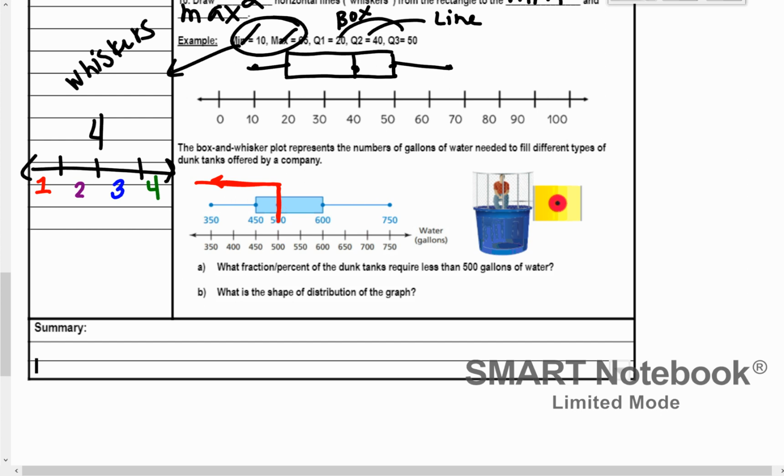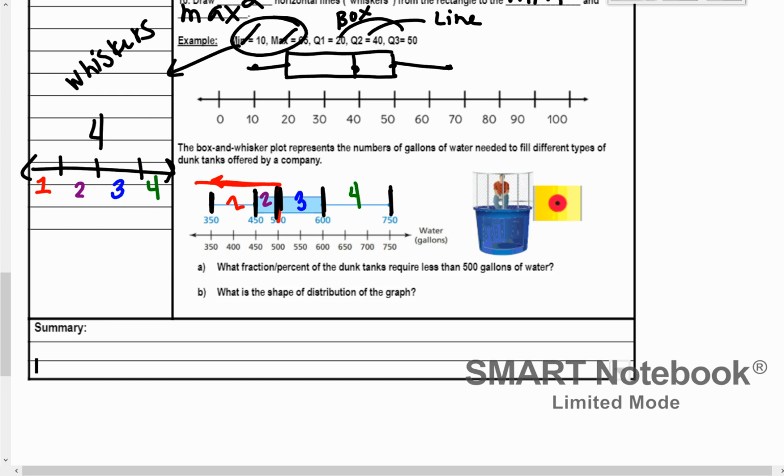If we put in our parts here, here's our min, Q1, Q2, Q3, max. So here we have part 1, part 2, part 3, and part 4. Now these are equal parts. Like I said, even though the graph might not look like it, there's the same amount of data values in each of those parts, just like I showed you in our data list above.